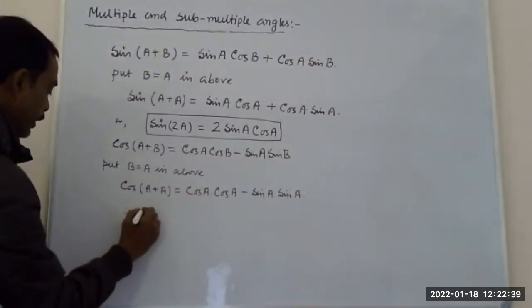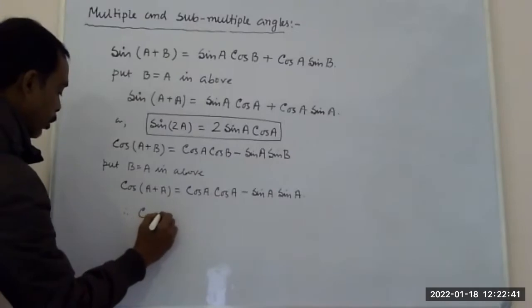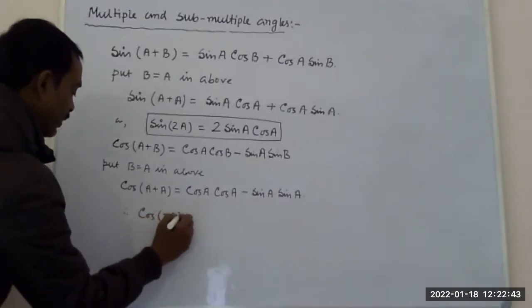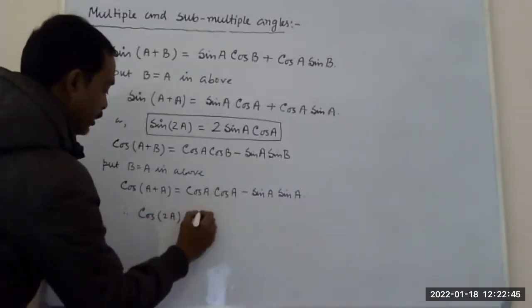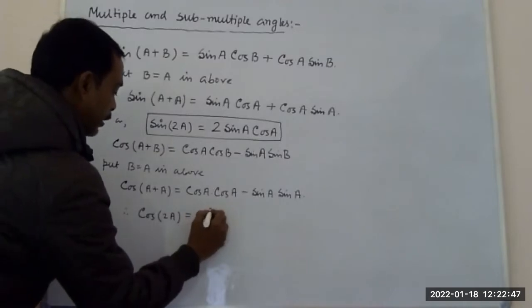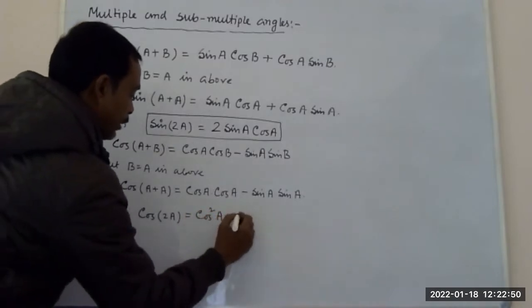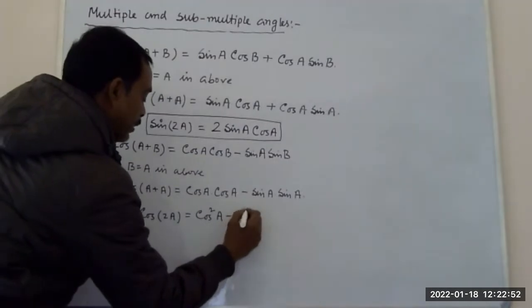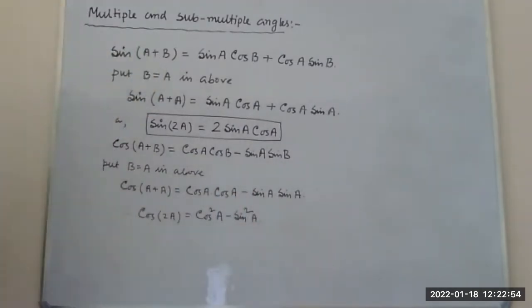So from here you can write down that cos of 2a is equal to cos a into cos a, which means cos square a, minus sin a into sin a, which means sin square a.